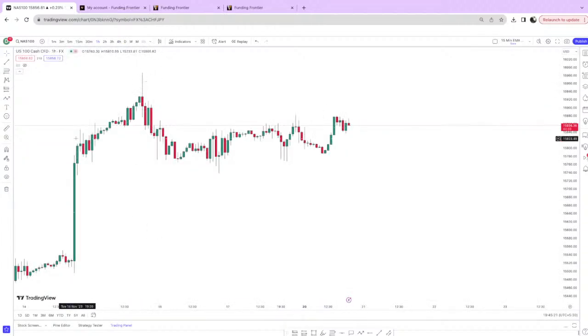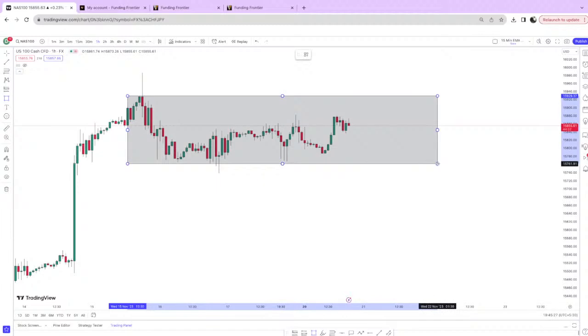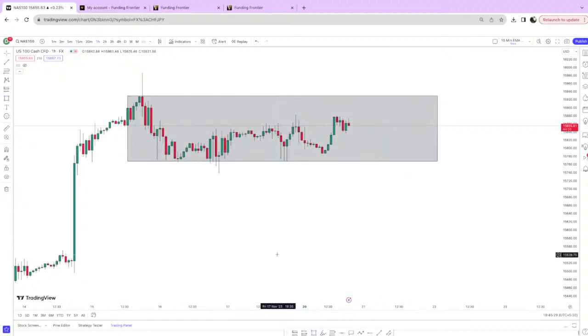Here you can clearly see it's a clear consolidation. Those who don't know what consolidation means, let me tell you, consolidation means when you get equal highs, equal lows, equal highs, equal lows. By equal, I don't mean exactly equal, like 15850 is the previous high, then the next high should also be 15850.